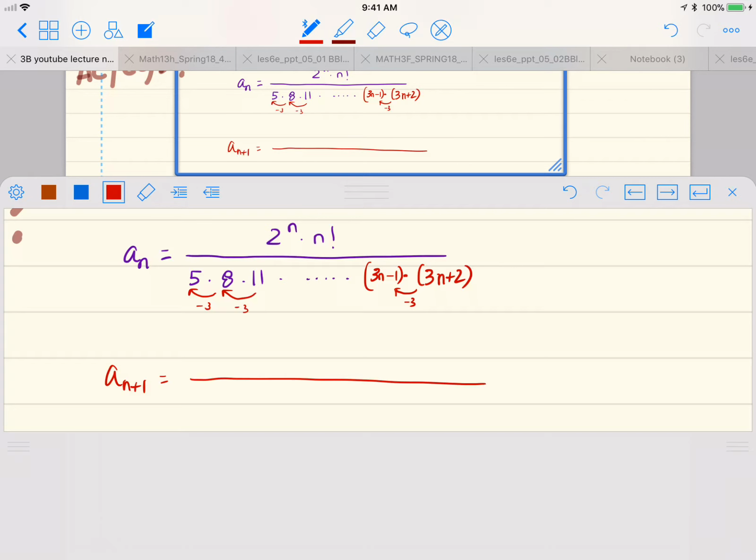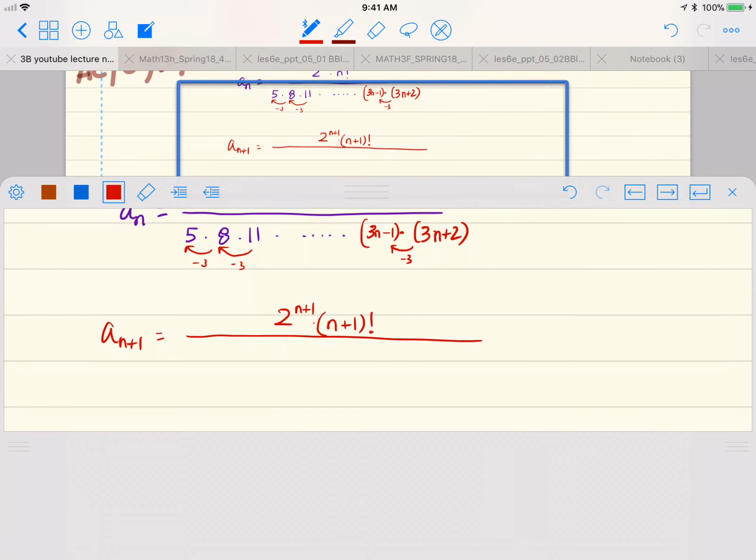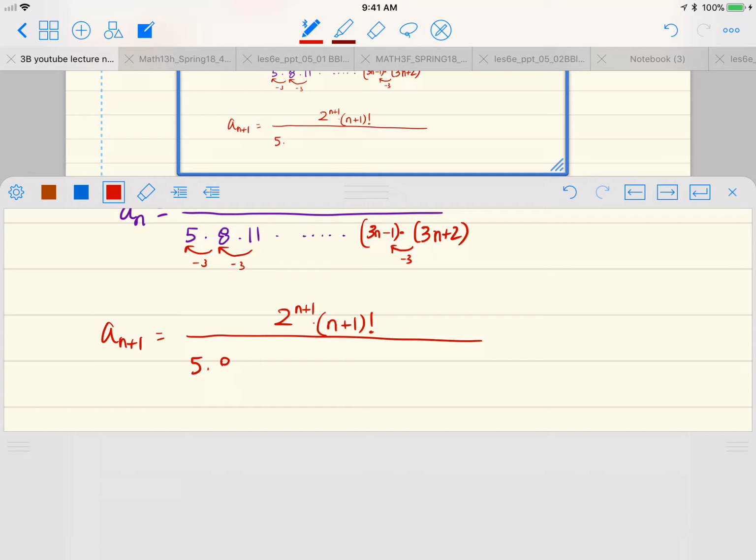In the numerator, I will have 2 to the n plus 1 times n plus 1 quantity factorial. And in the denominator, I'll have 5 times 8 times 11 times ... times 3n plus 1 minus 1 times 3n plus 1 plus 2.